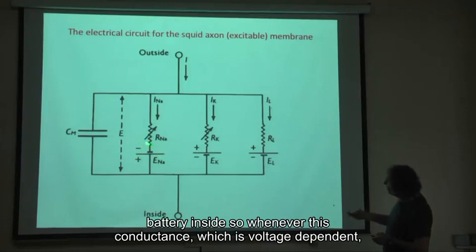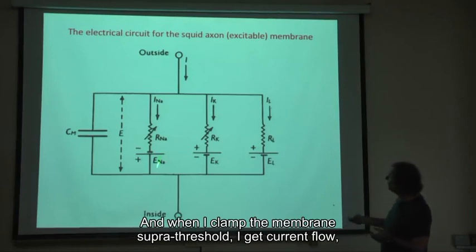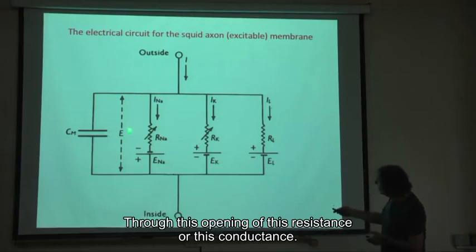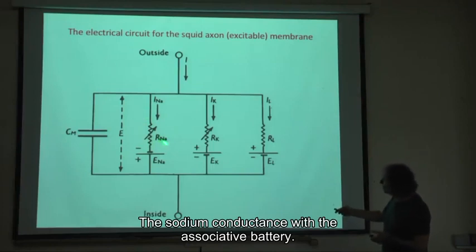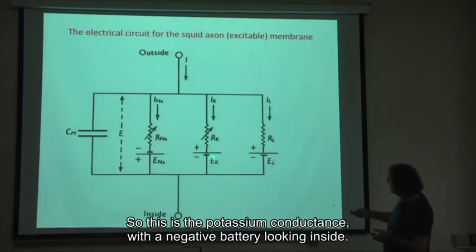So whenever this conductance, which is voltage dependent, and we call it excitable because it is voltage dependent, opens when I clamp the membrane suprathreshold, I get sodium current flow from outside to the inside through this opening of this conductance, the sodium conductance with the associated battery. And there is another conductance, the potassium conductance. So this is the potassium conductance with a negative battery looking inside.